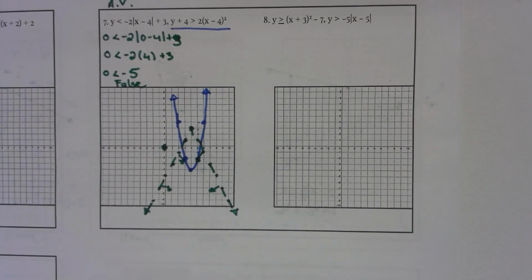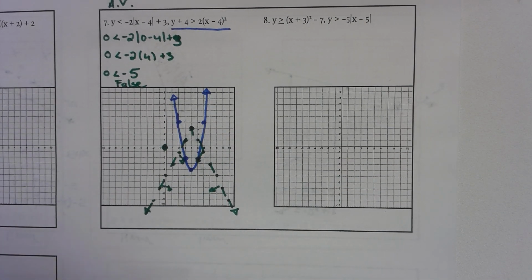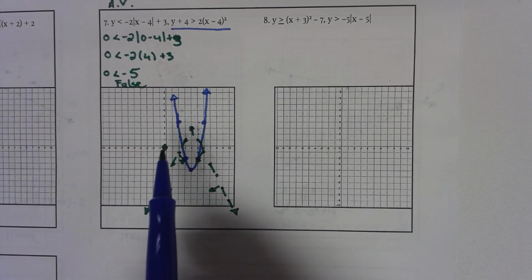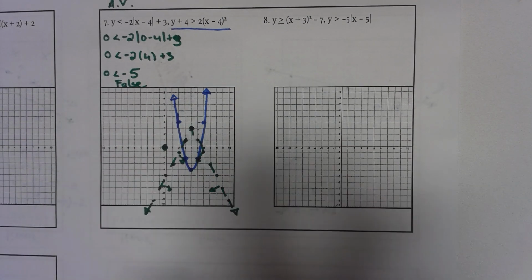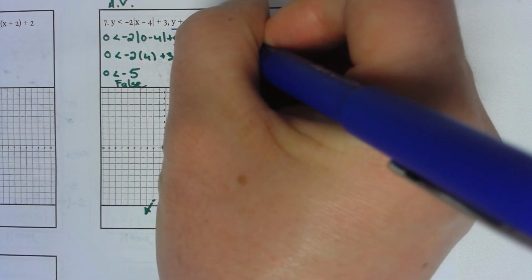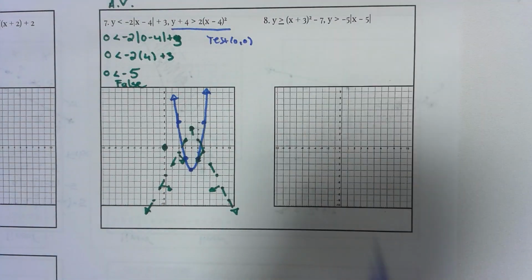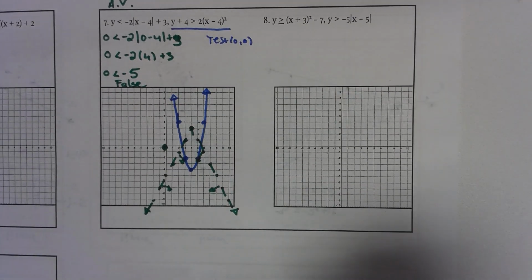All right, so this is one where we really want to ignore the first graph that we did here, because the shading is going to feel a little bit odd, and trying to figure out where to shade compared to this parabola is going to feel a little bit different. Okay, so try to ignore what we had already done with the absolute value graph. And let's test (0, 0) and see what happens with where we shade with the blue graph here.